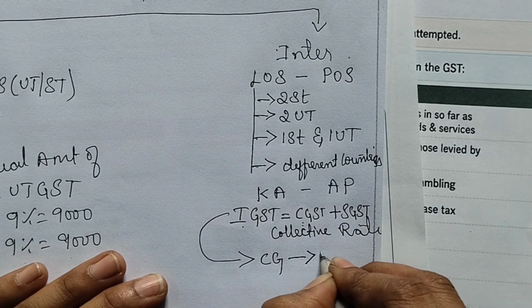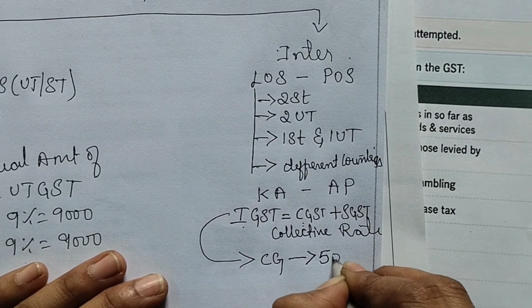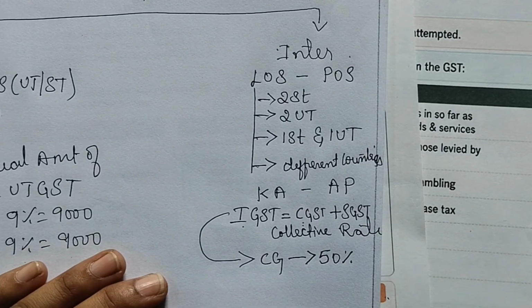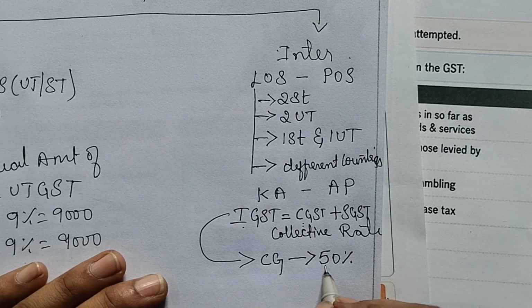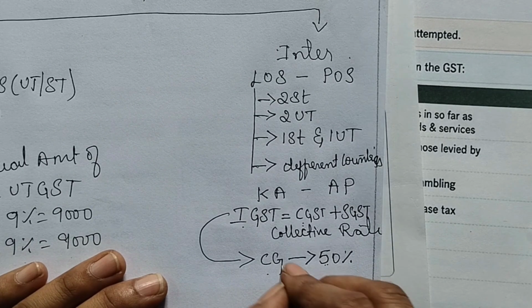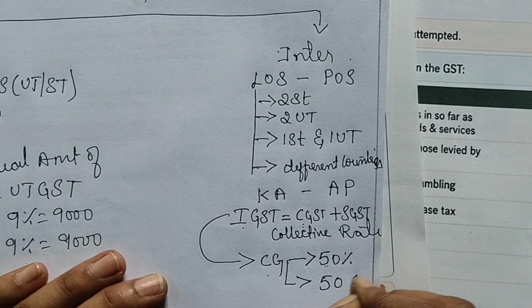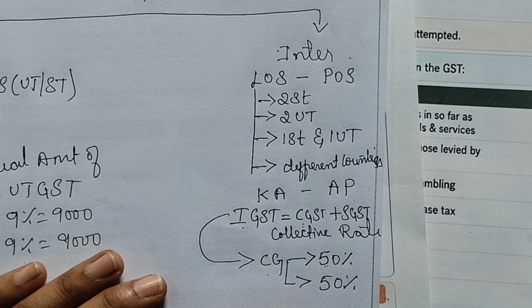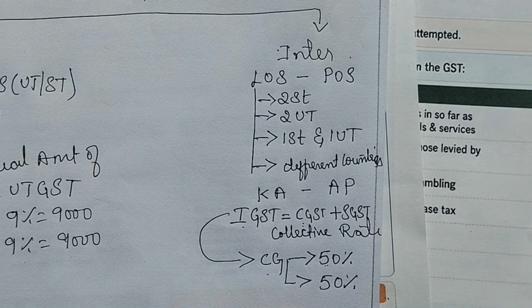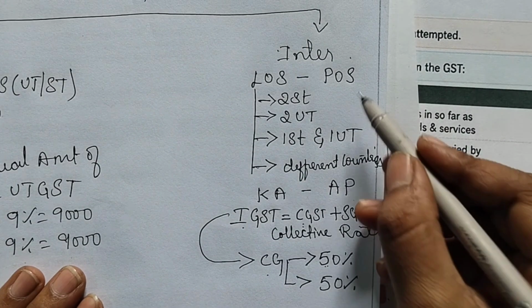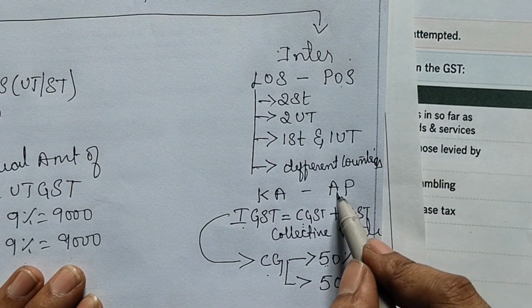What will the central government do? The central government will keep 50% of the tax. Whatever they have paid, 50% will be retained with the central government. The remaining 50% will be remitted to where the place of supply has taken place. It is Andhra Pradesh.